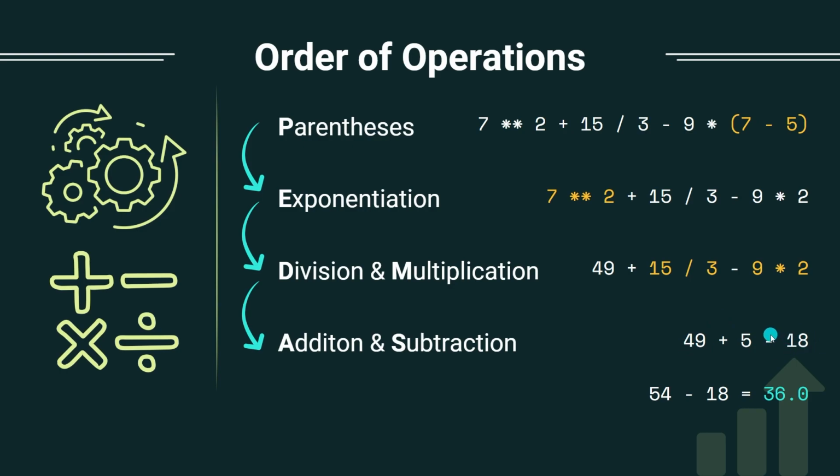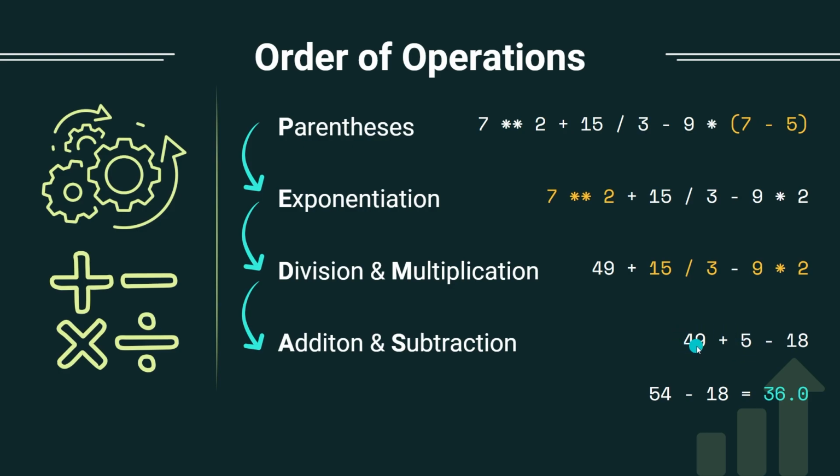In this case, what happens? You might be thinking, what will happen? Like 5 minus 18, then 49. But in this case, when everything is sorted, only the same order of operators are there, in this case only addition and subtraction, then the operation starts from the left side.